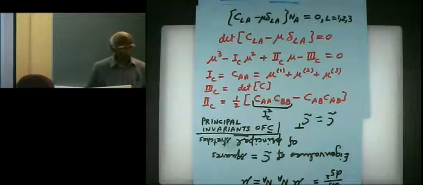However, if you do the exercise, and here I'm giving you the end result, all you do is replace C by B. C is the right Cauchy-Green tensor, B is the left Cauchy-Green tensor. So you can think of them as brothers and sisters. C gives you values in the reference configuration. B gives you values in the present configuration.